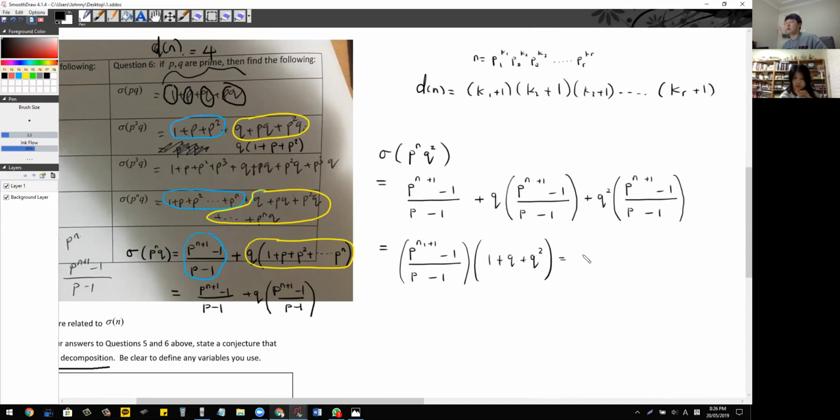Yeah. Which is that stuff there again, with first term 1, so it is Q to the power of R, which is 2 plus 1, which is 3. There are 3 terms, minus 1 over this. Okay.